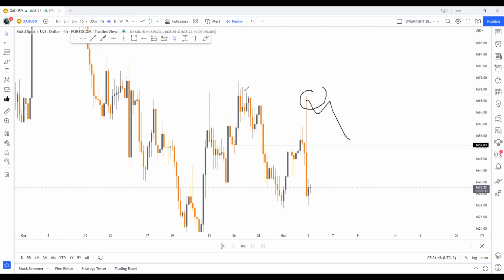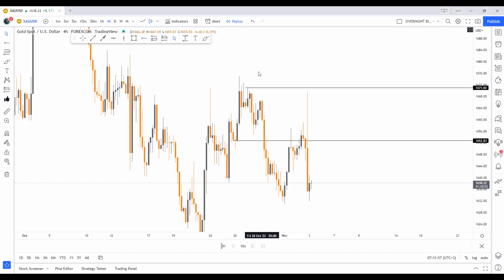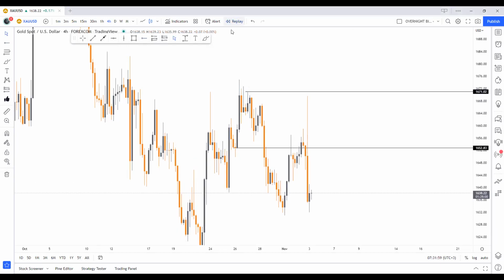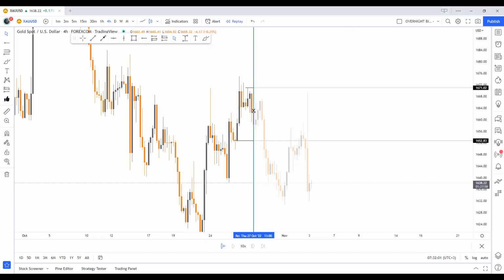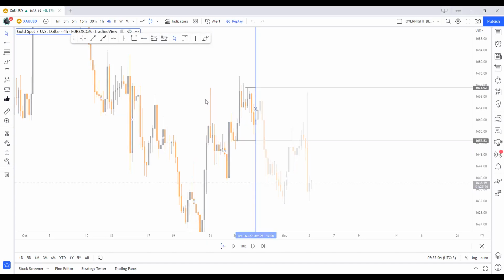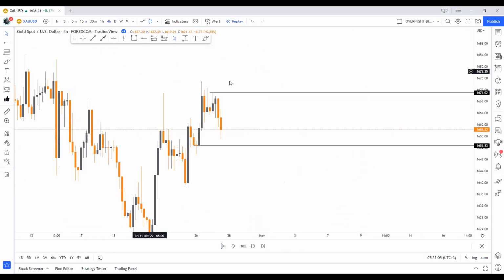So I also consider this area as my entry for the price. This was to be what we call an area of liquidity. This is an area of liquidity that I considered for my price to take my trade before FOMC and after FOMC.